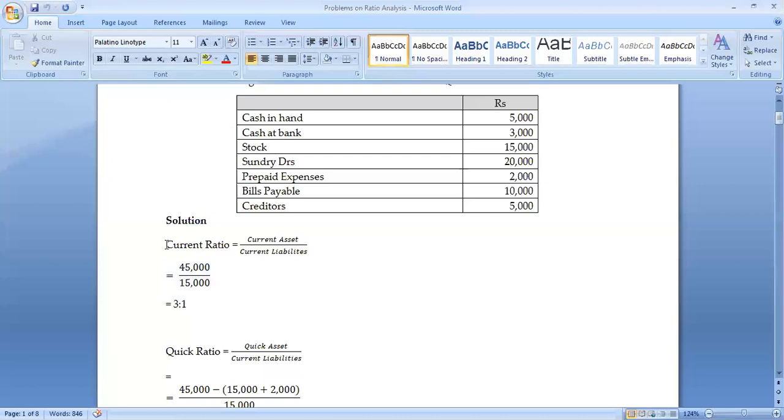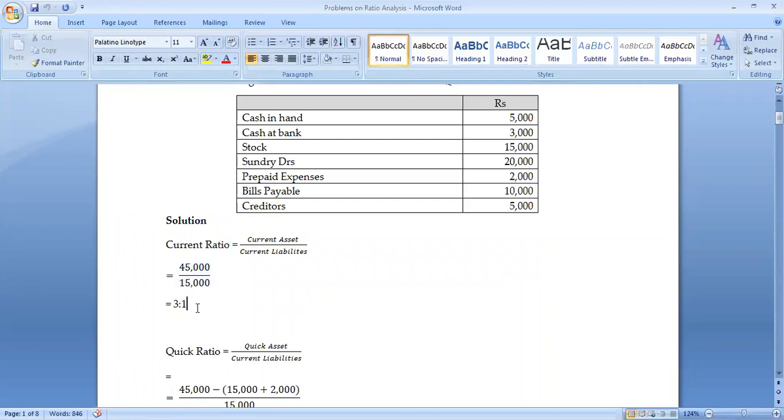In the previous session, I told you there is an ideal ratio for each ratio that we are going to compute. For the current ratio, the ideal ratio was 2 is to 1. Here we got 3 is to 1, which indicates the company is well and good.